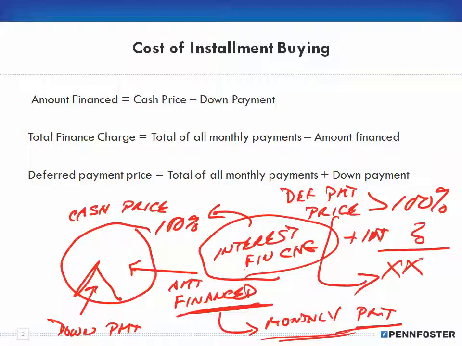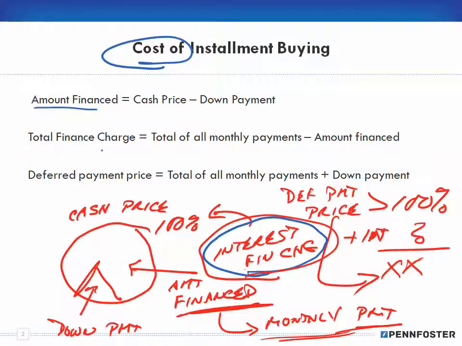Looking up here at the cost of installment buying, the cost of installment buying is this interest or finance charge. The total finance charge is the additional interest, and that's the actual cost to you for borrowing that money. And the amount financed plus the interest ends up being your deferred payment price.